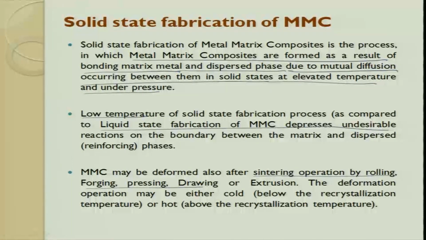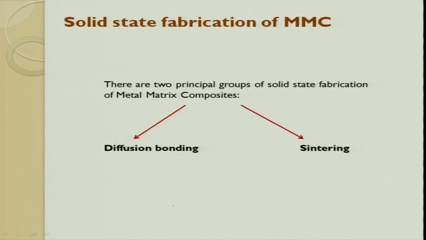Once we make a crude bulk form, we do a secondary operation to make sure the composite is formed and the matrix and the reinforcement are uniformly distributed. The deformation operation can be done either cold or hot. There are two principal groups of solid state fabrication: one is diffusion bonding, another one is sintering.